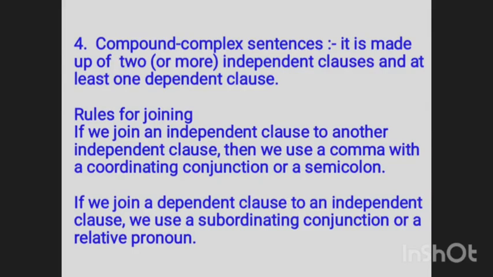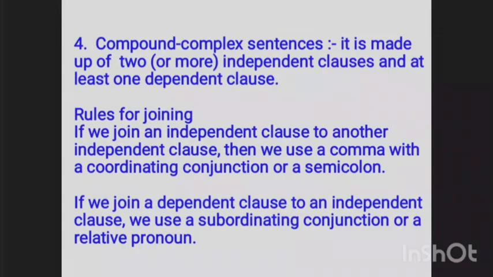Rule number 1 says, if we join an independent clause to another independent clause, then we can use a comma, or a coordinating conjunction, or a semicolon. That's if you are joining an independent clause to another independent clause.